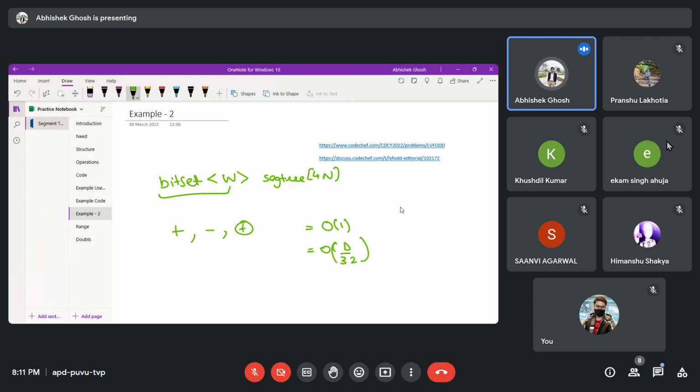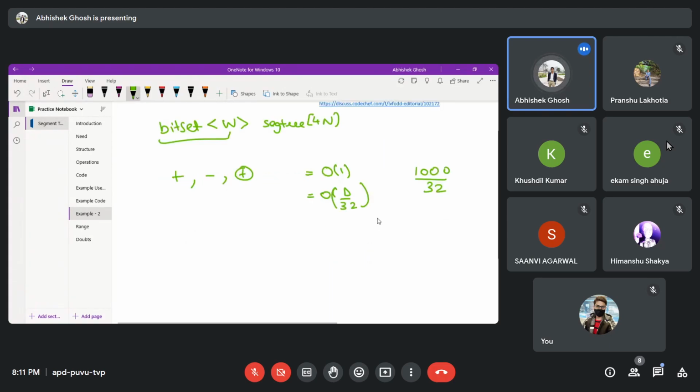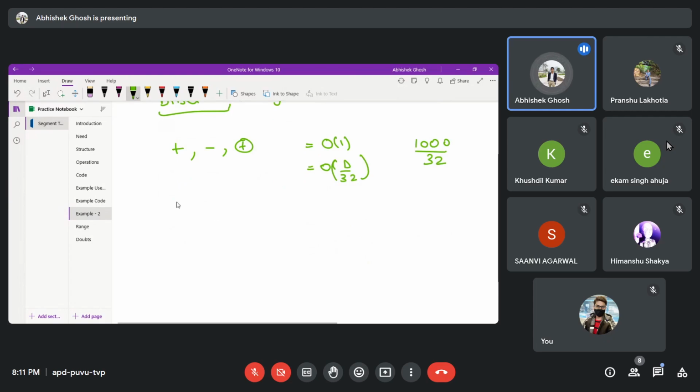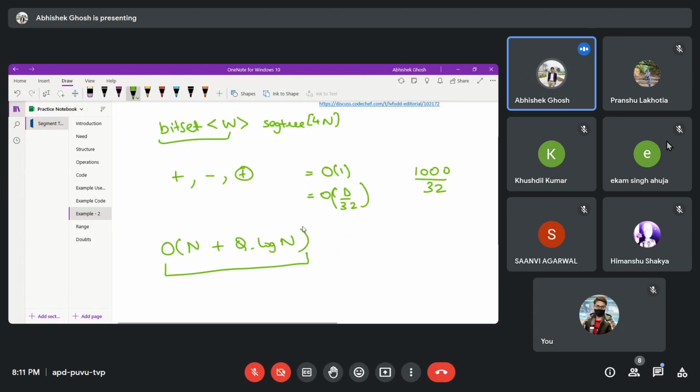In our problem, the range was up to 1000, so D by 32 comes out to be a very small value. This was the constant which was multiplied by all the queries. To summarize, when you're working with segment trees, the build operation takes order of n time, and each of the queries takes log n time. This is the overall complexity of your solution when you're using segment trees.